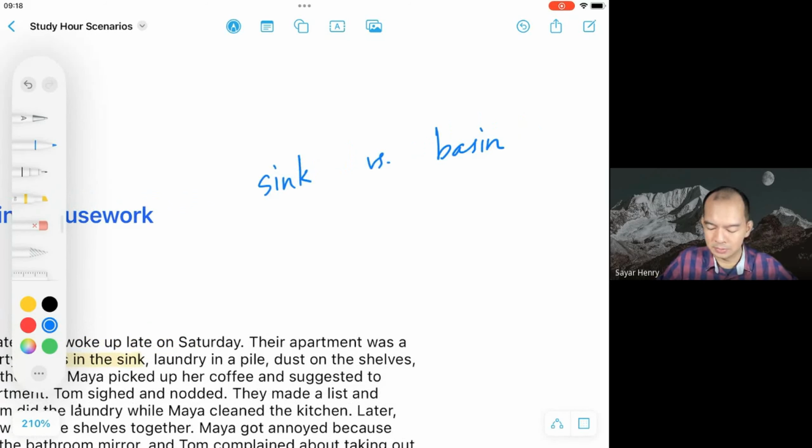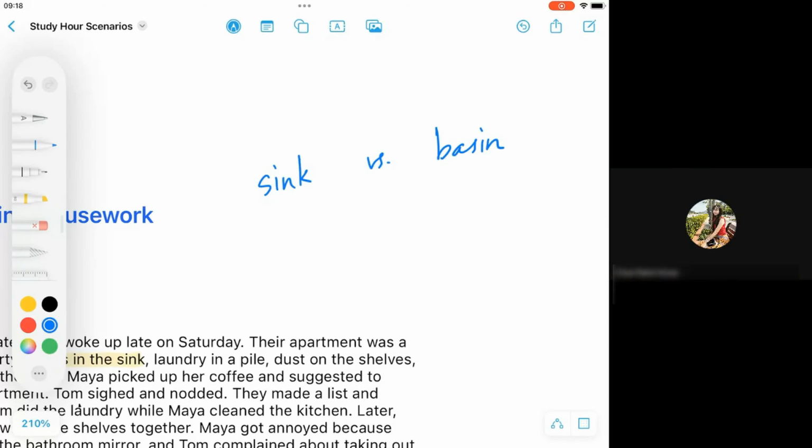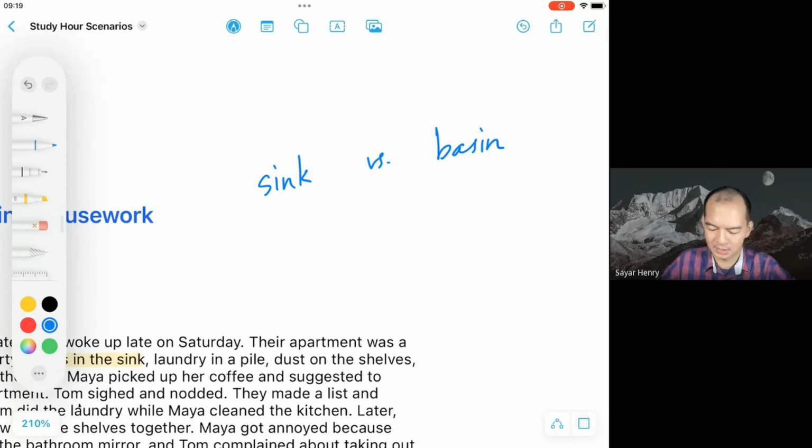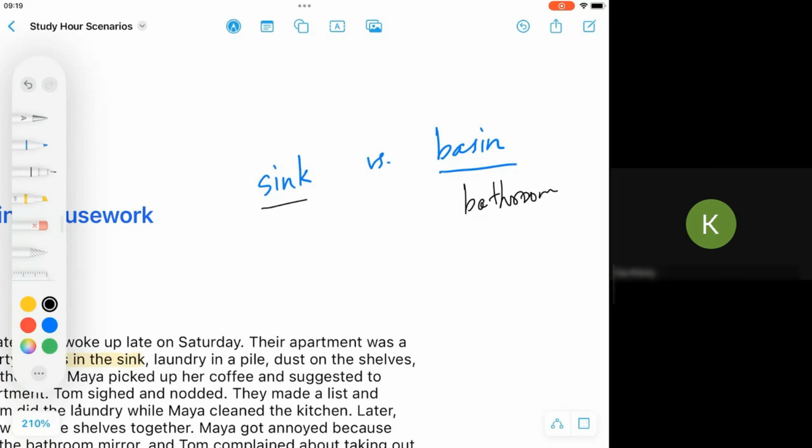One has to do with dishes, and the other has to do with hands and faces. One can be found in the kitchen, the other in the bathroom. So which one can be found in the bathroom? Basin. Basin is usually found in the bathroom. Very good. Sink is the one in the kitchen.